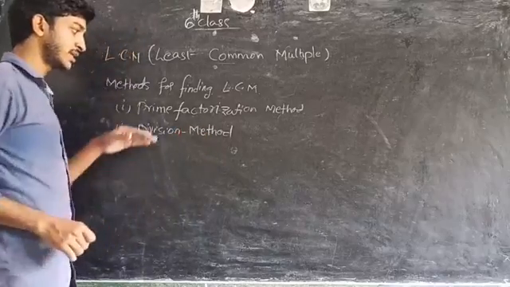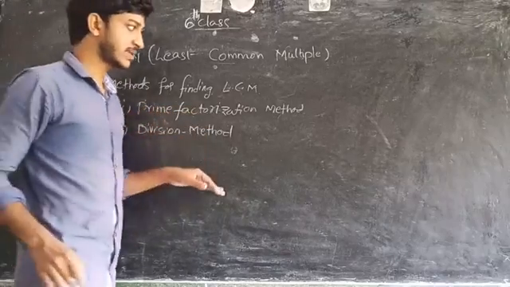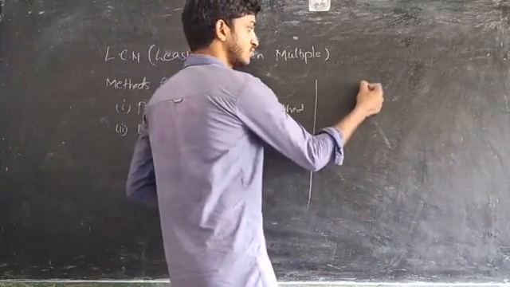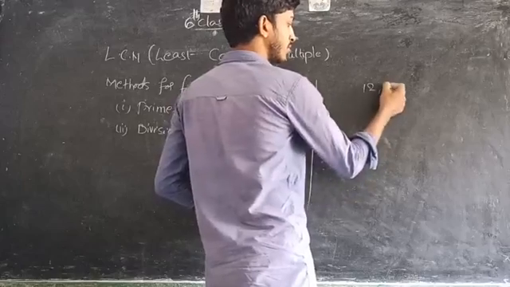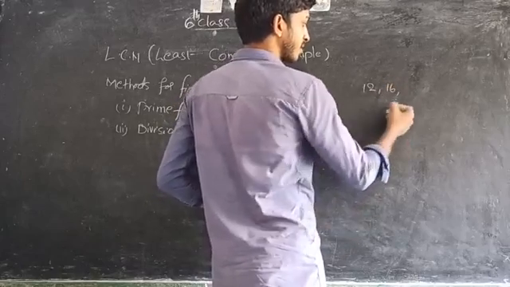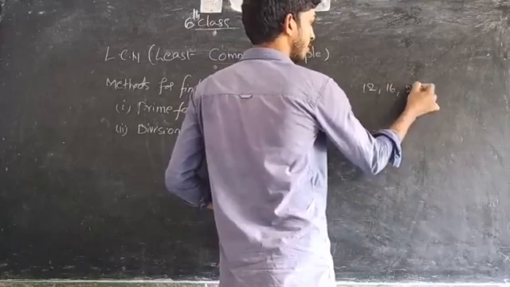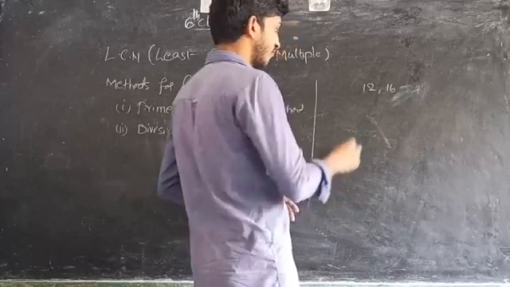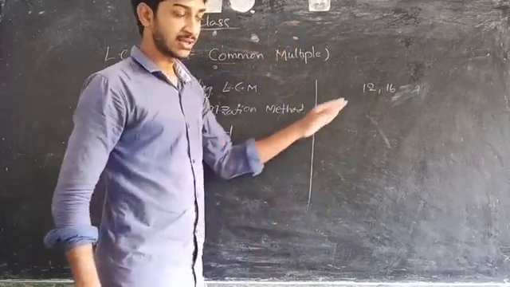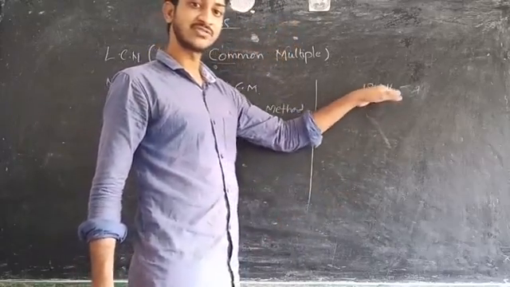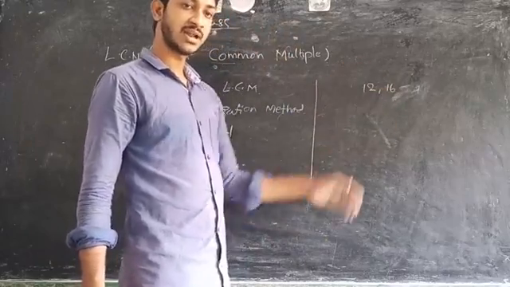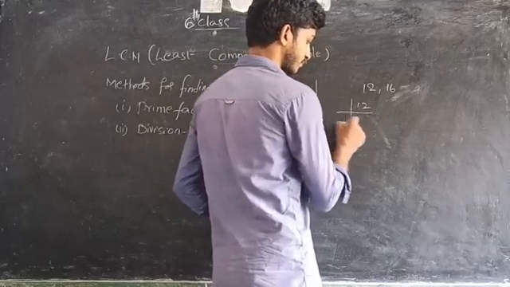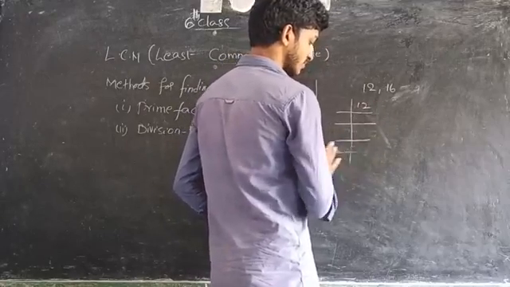Okay, children. See what the prime factorization method is. I am taking two numbers, 12 and 16. First of all, we have to write the factors of the given numbers.